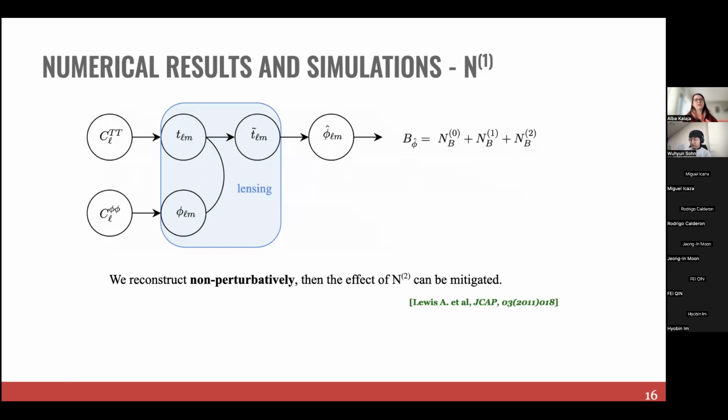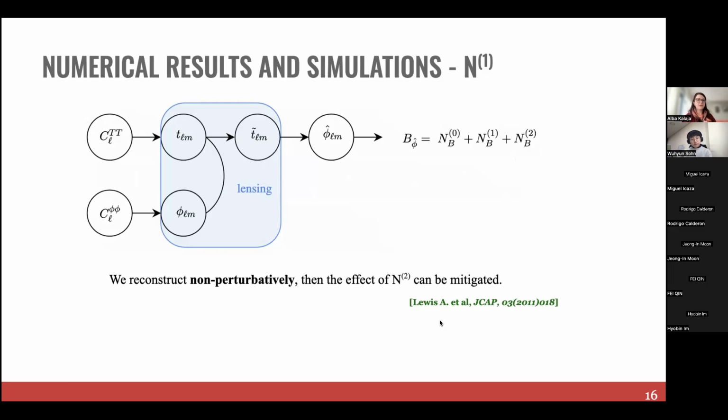So we have the N0 because it arises just because you're using the quadratic estimator. Then you have N1, which is the term that you want to validate, but you also have N2, because N2 depends quadratically on the lensing power spectrum, so it will arise if you have this type of lens map. However, we use a result from a paper from 2011 where you can mitigate the effect of N2.